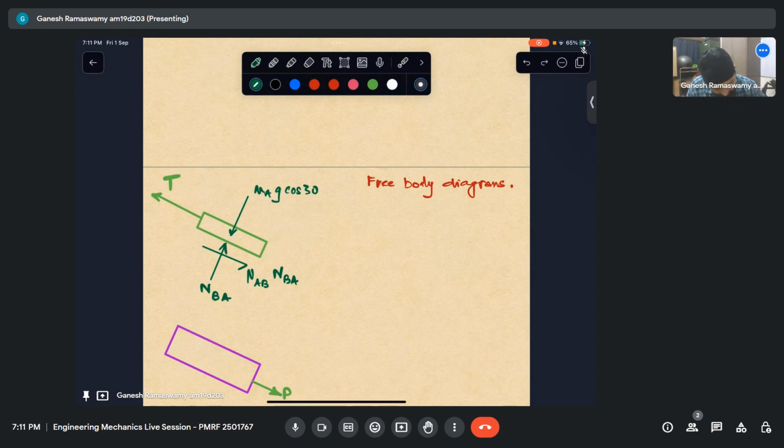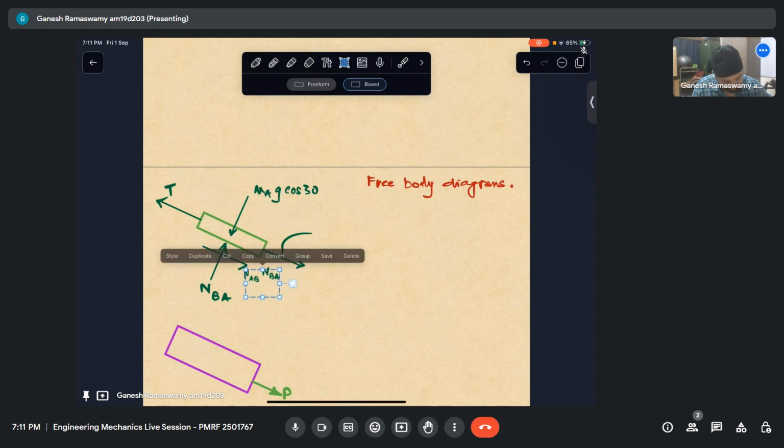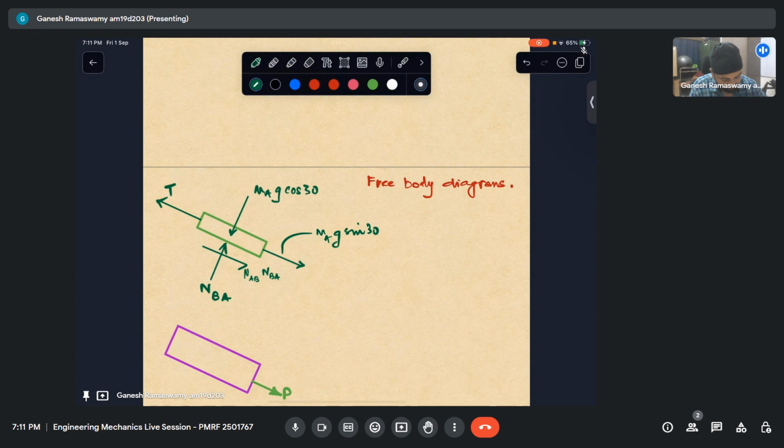Let me remove and draw this again. It's like this. I have one tension, and then I have a force like this. This force is MAG sin 30. Now my free body diagram is complete here.